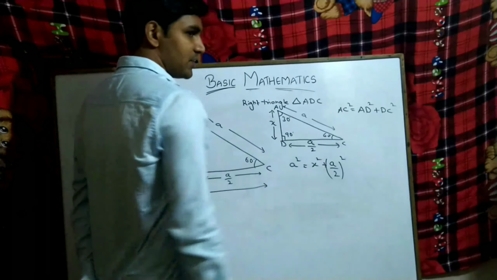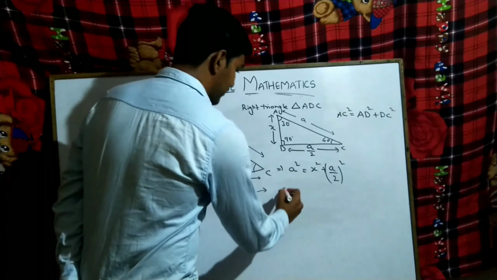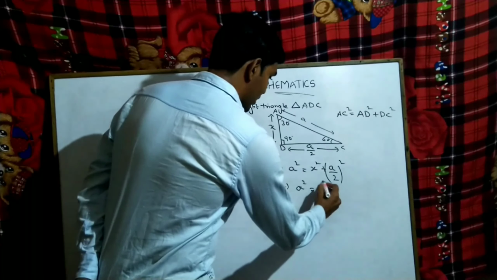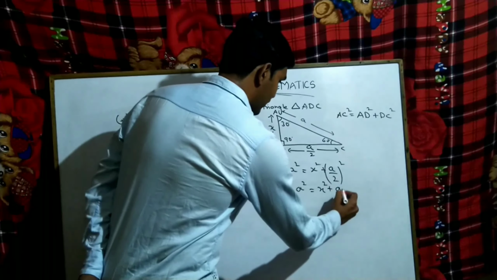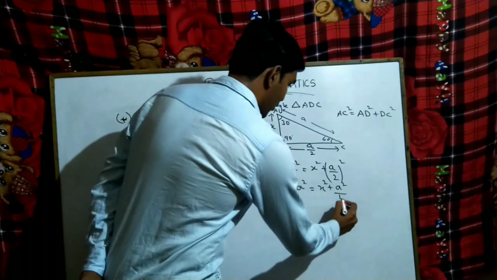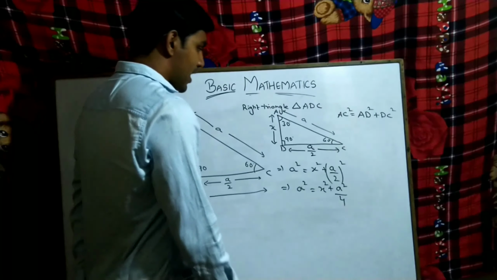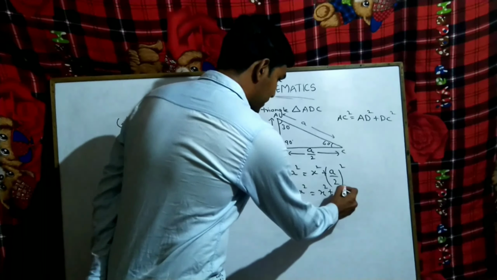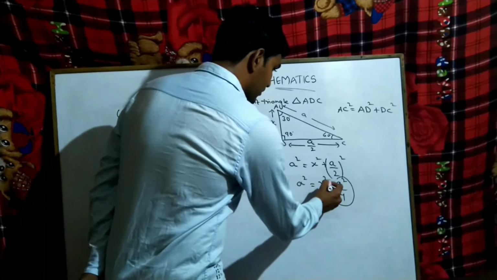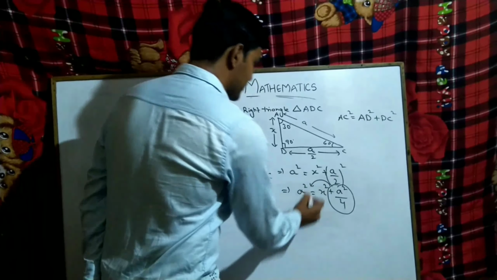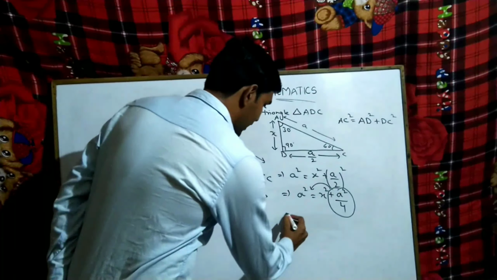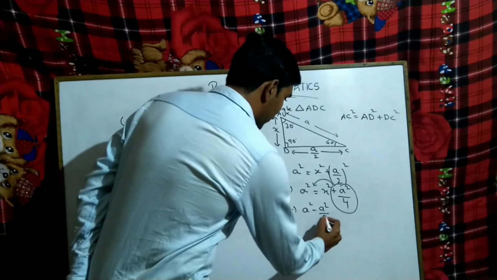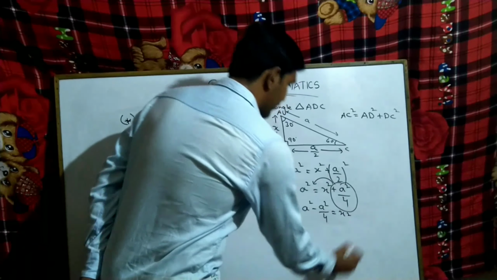Now find the x value. So now listen. A square is equal to x square plus A square by 4. Now this plus will go to that side and become minus. So A square minus A square by 4 is equal to x square.